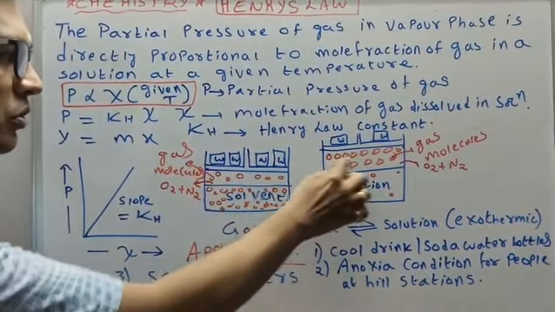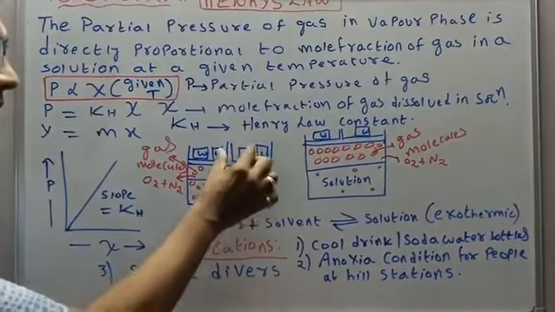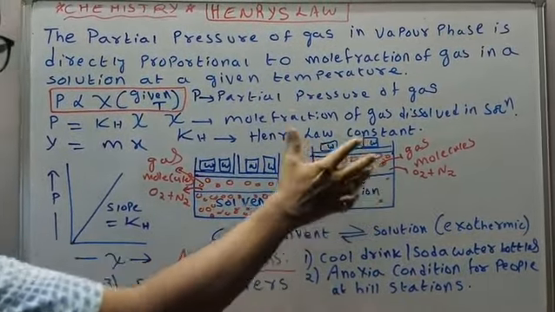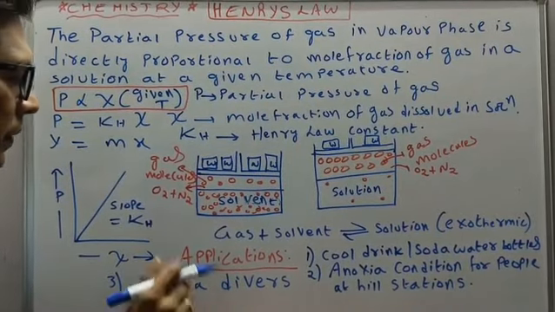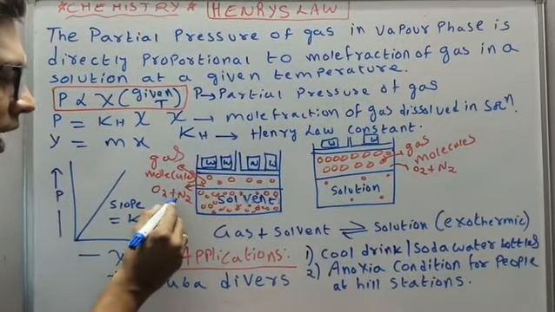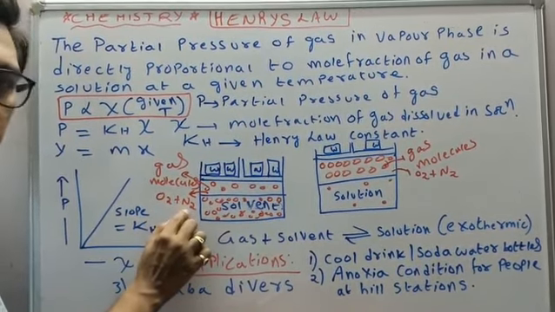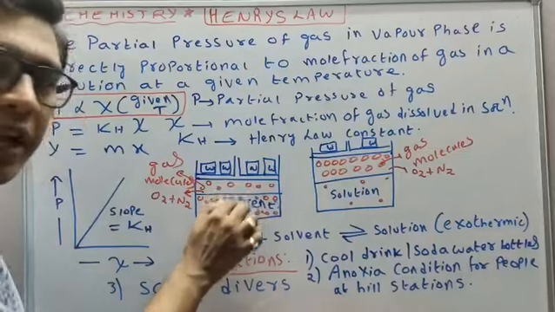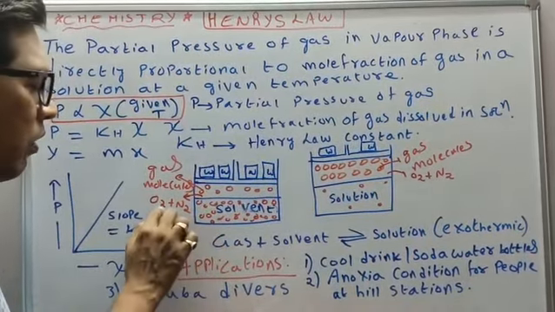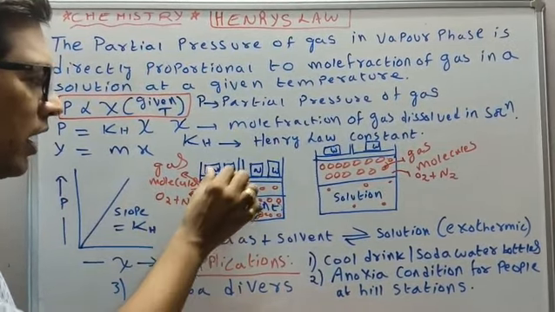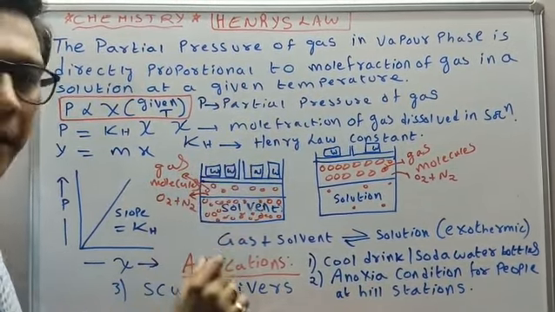If we compare these two situations, here more weights are there, so pressure will be more. Here fewer weights are there, so pressure will be less. Whenever O2 and N2 gases are there, here more pressure is there. Among O2 and N2, O2 gas is more soluble. So why are we using the partial pressure?